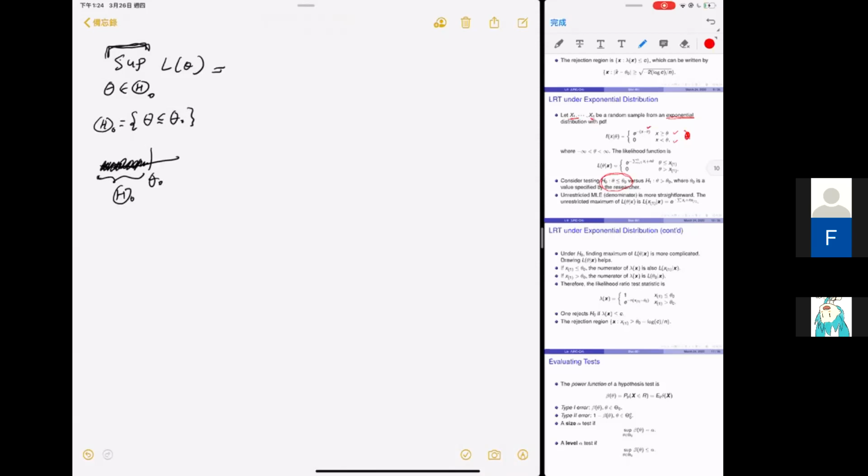The reason for that is, I'll show you right here. L of theta versus theta: this is an increasing function until x1, then coming down to become 0. Because your null space is theta smaller than theta 0, it all depends on where theta 0 is. If I have theta 0 right here, then this part becomes my null space.